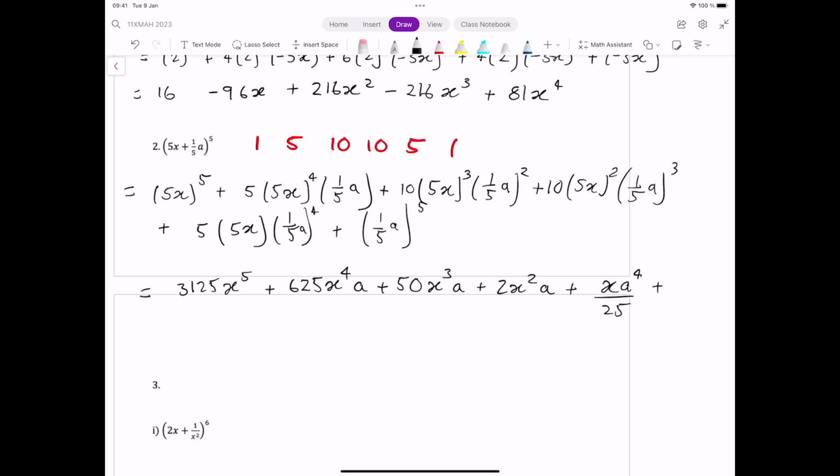And then plus, well, we're going to simply have a to the power of 5 on 5 to the power of 5, which is 3125.